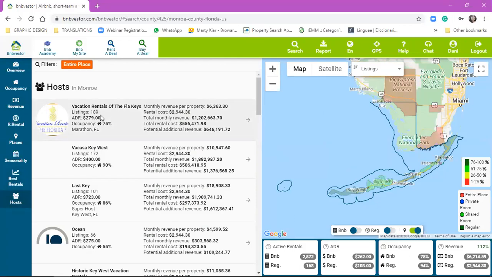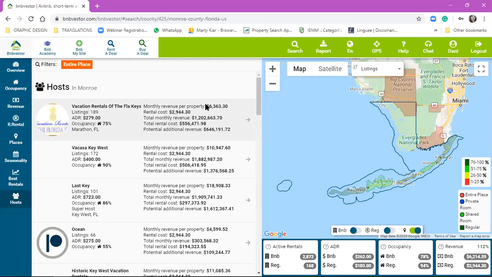For example, this company, Vacation Rentals of Flakey's, has 189 BNB properties, an average daily rate of $279, and an occupancy rate of 75%. This is fantastic.